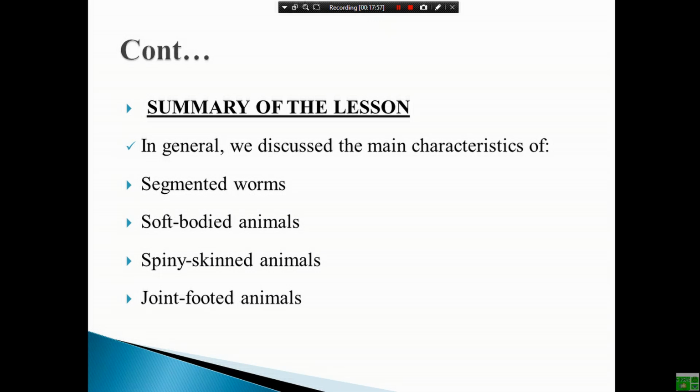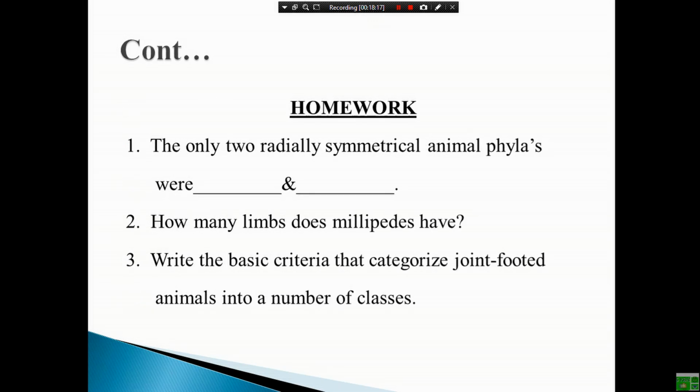The phylum is classified into 5 classes: class Insecta, class Crustaceans, class Arachnida, class Diplopoda, and class Chilopoda. This is all that was discussed in today's lesson.